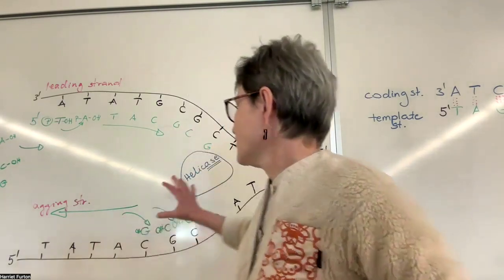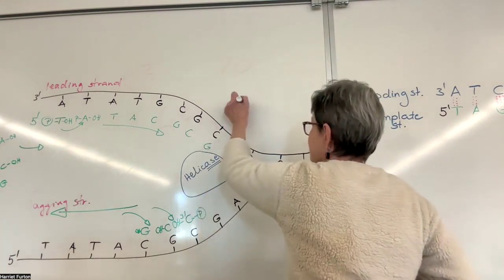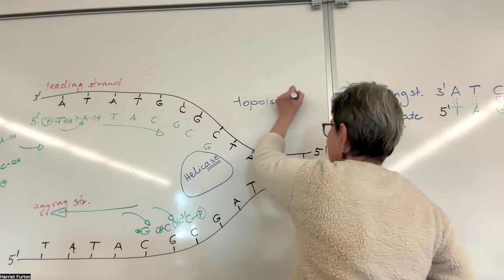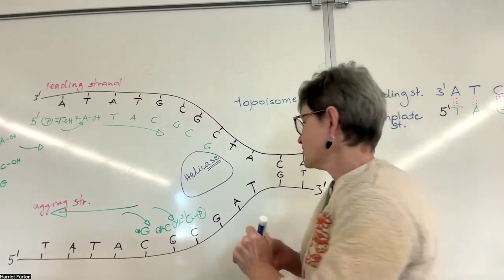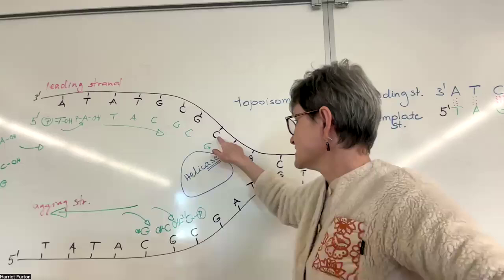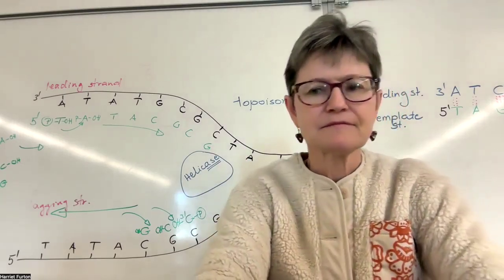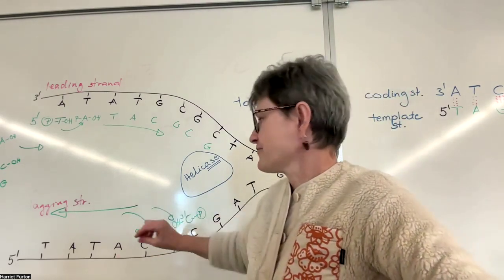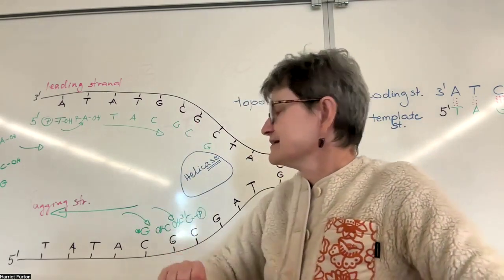So we talked about the topoisomerase, that keeps everything open. We talked about the helicase that separates the hydrogen bonds between the nucleotides. What else we have? The DNA polymerase 3 is making the lagging and leading strands.